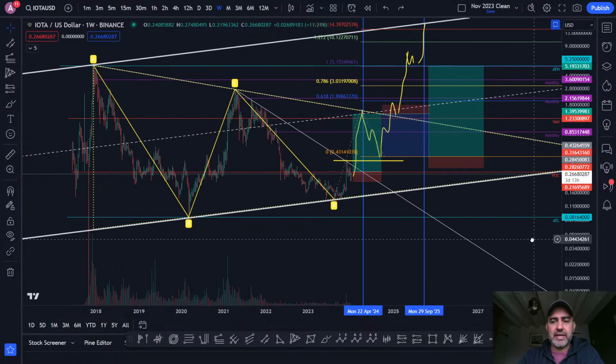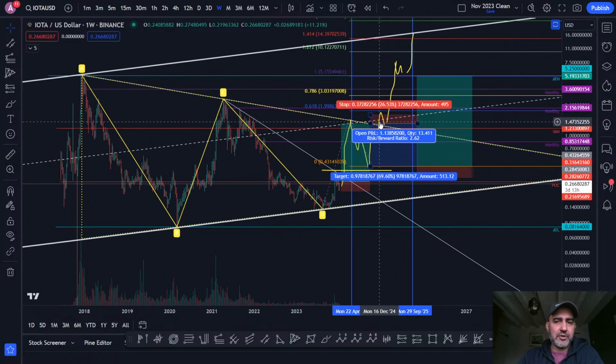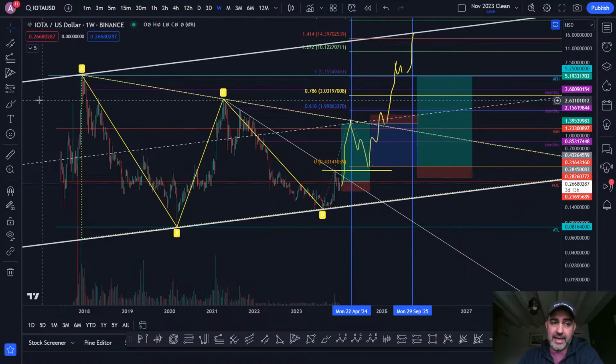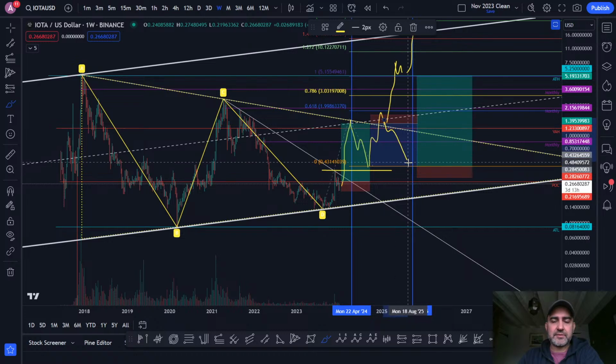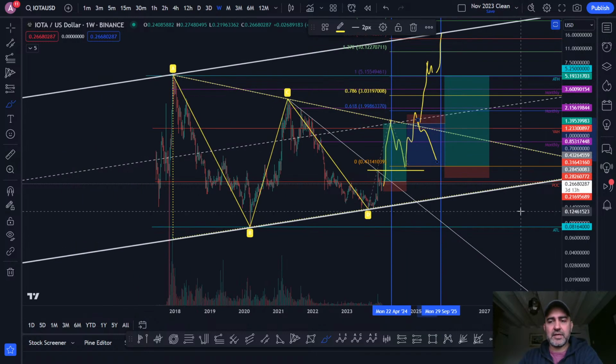So if you're not getting the volume, then it's very possible that this fails. You have to bear that in mind. It's a failed auction, a failure of taking this further.